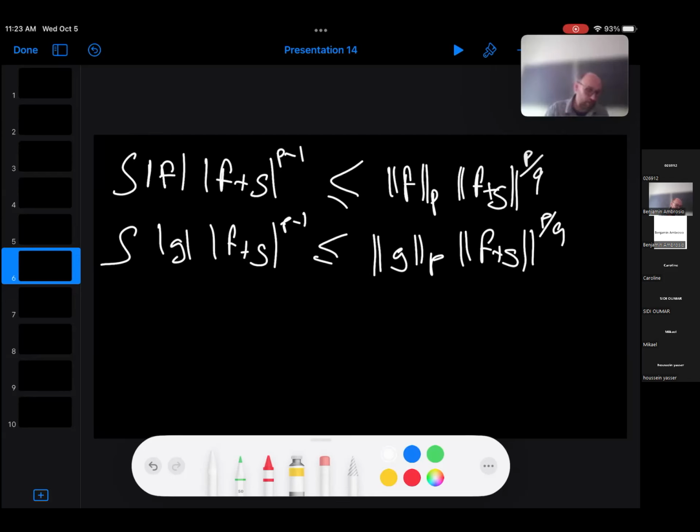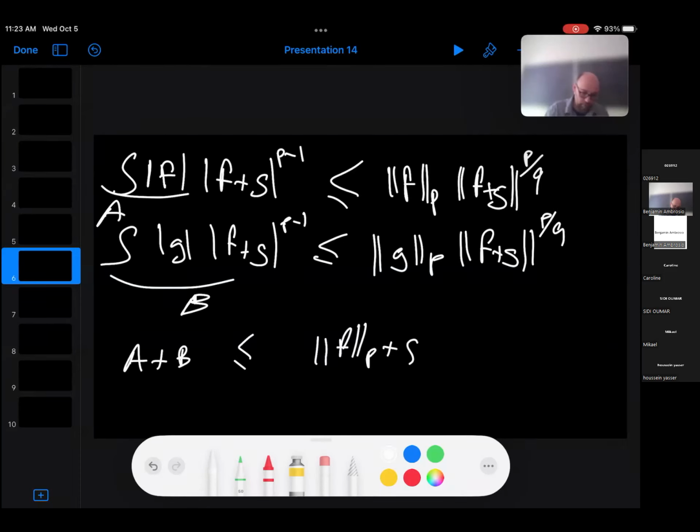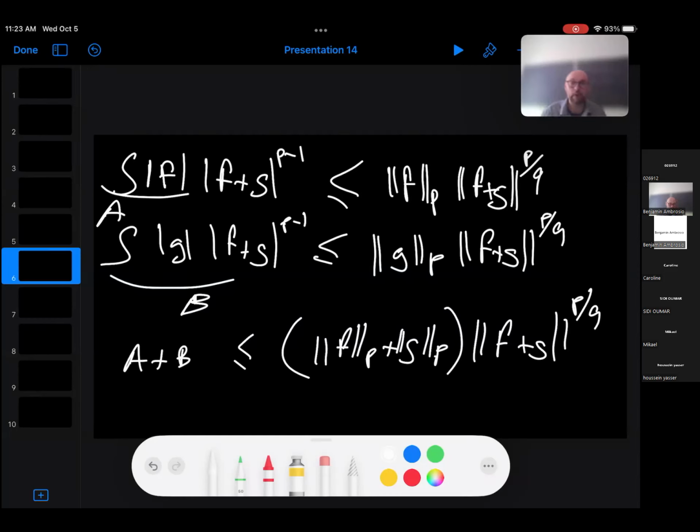And if I sum up the two, let's call this A, let's call this B, I obtain that A plus B equals the integral of |f+g|^p, which is less than or equal to the norm of f plus g in p times the norm of f plus the norm of g in p divided by q.